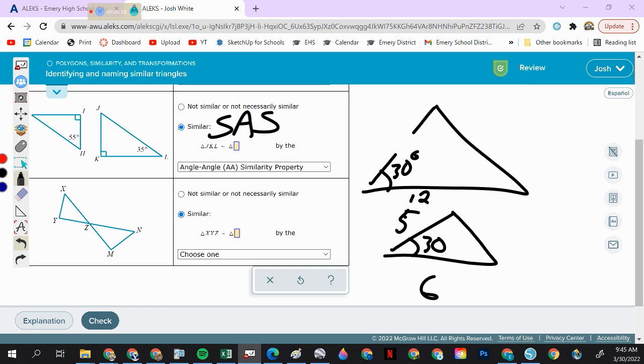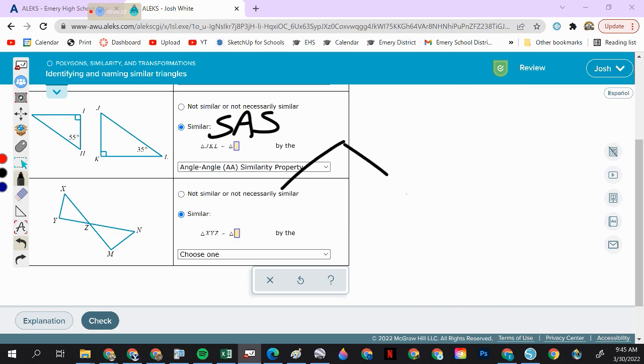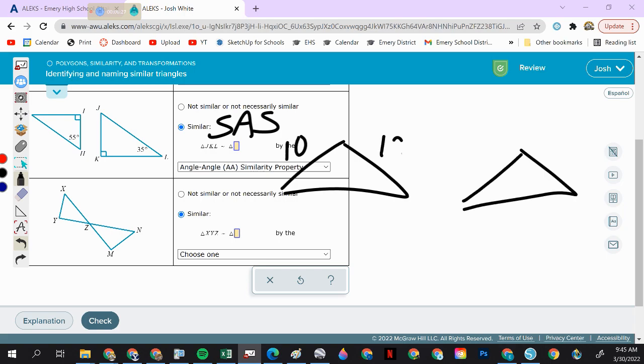So if I were to change this, and I had 10, 12, 5, 6, and 30, is that side, angle, side? No, that is angle, side, side, or you could say side, side, angle. So this only works if the angle is in the middle, if the angle is between the two sides, and the two sides are similar.